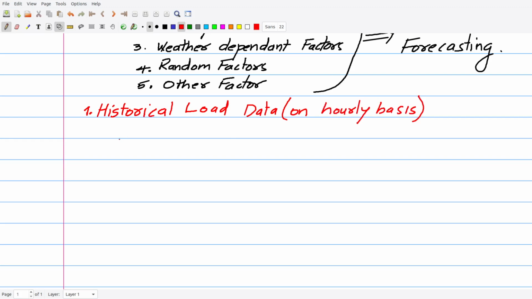Any error in historical data or absence of historical data for some period can cause major variation in forecasted loads. If you don't have accurate data, historical data will lead to bad forecasting.